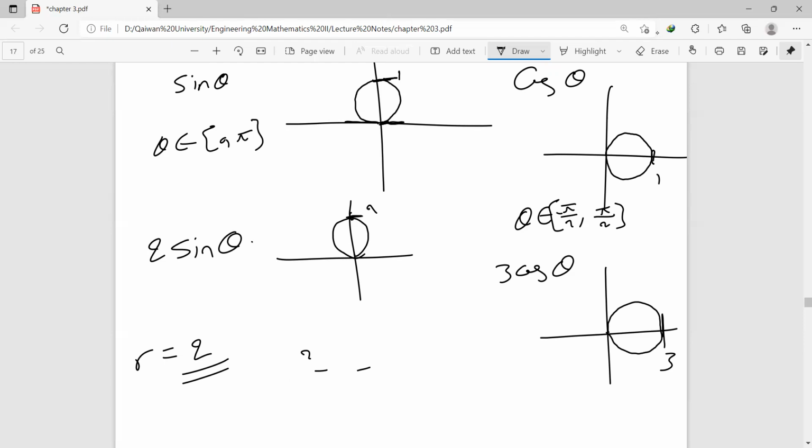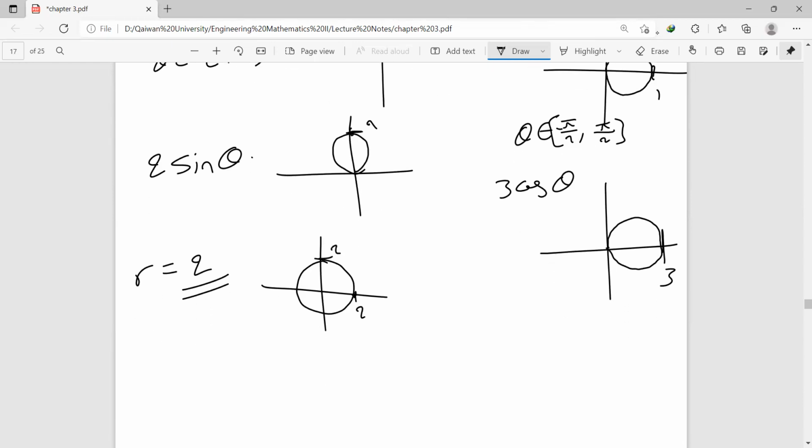When R equals 2, it means we have a circle with center 0, 0, and this is 2. If R is 1, it's the same, the radius is 1. That's for R, and that's for sine and cosine.